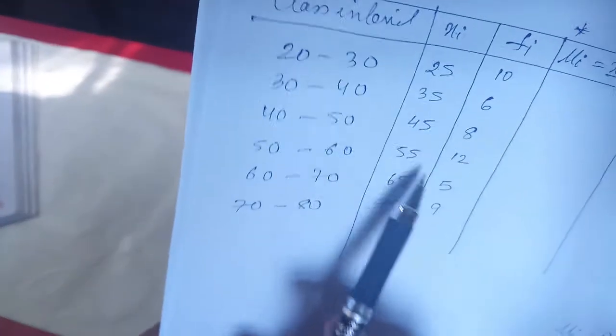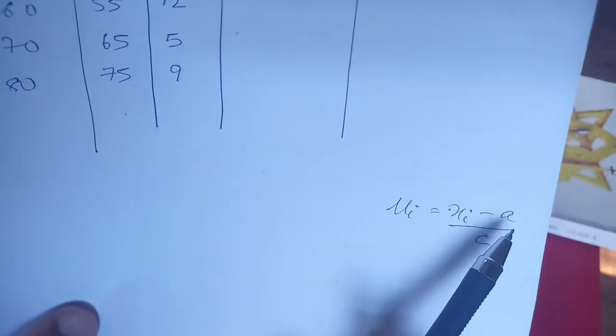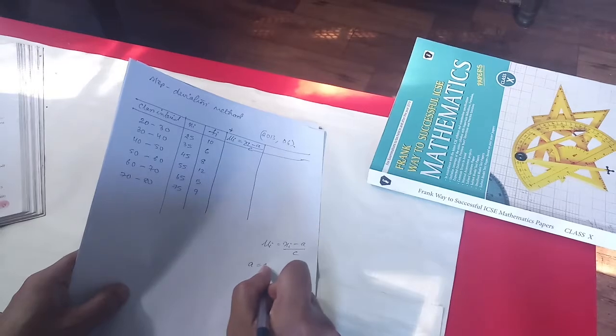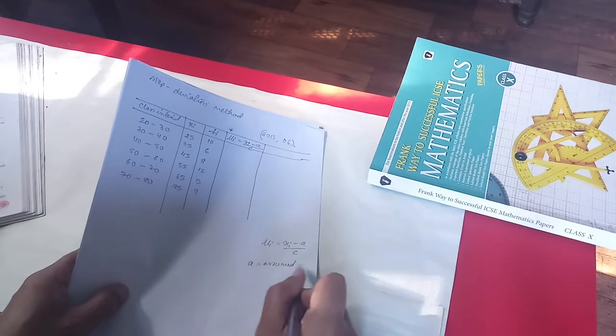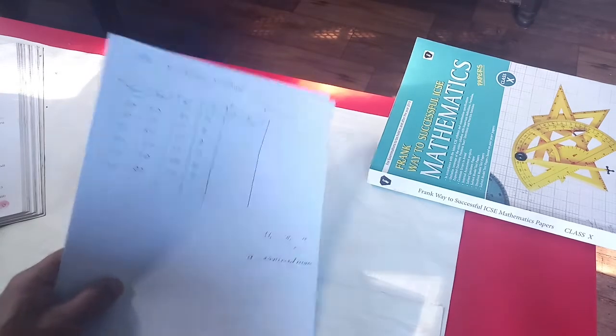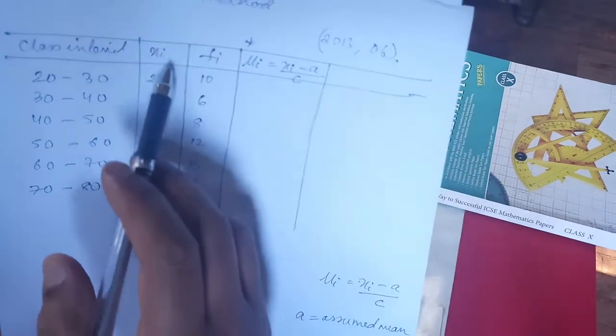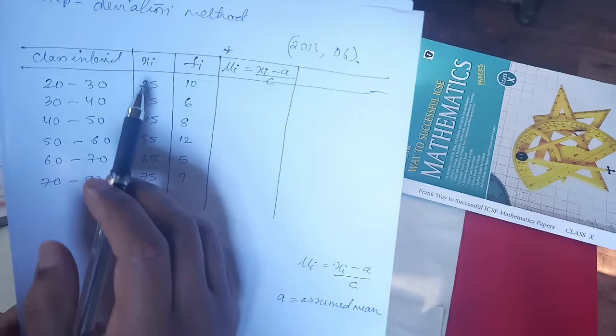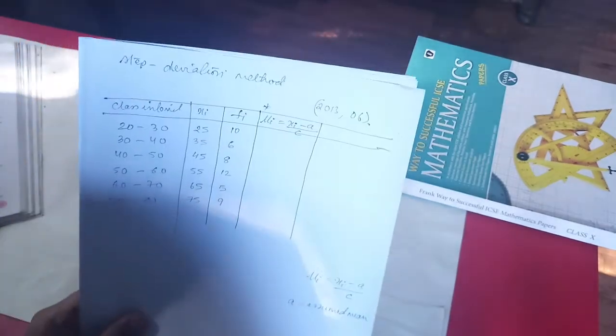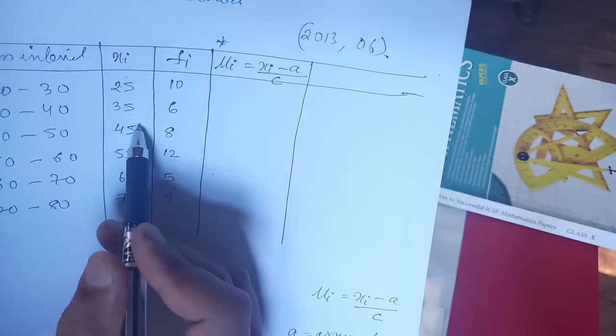Now xi, if you see here, xi is this value, we know 25, 35, this is xi. Now what is a? a is taken as the assumed mean. So we will assume one value from xi only. Usually we will take the mid value. So the assumed mean here, we'll take it as 45.